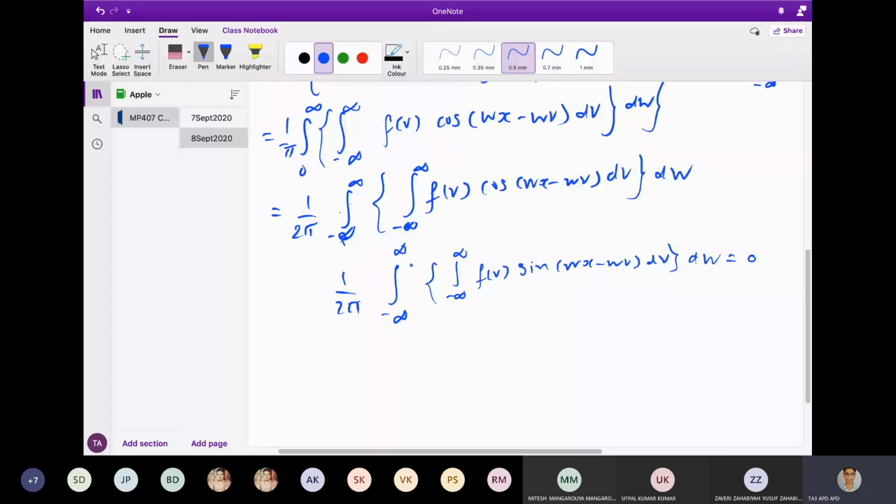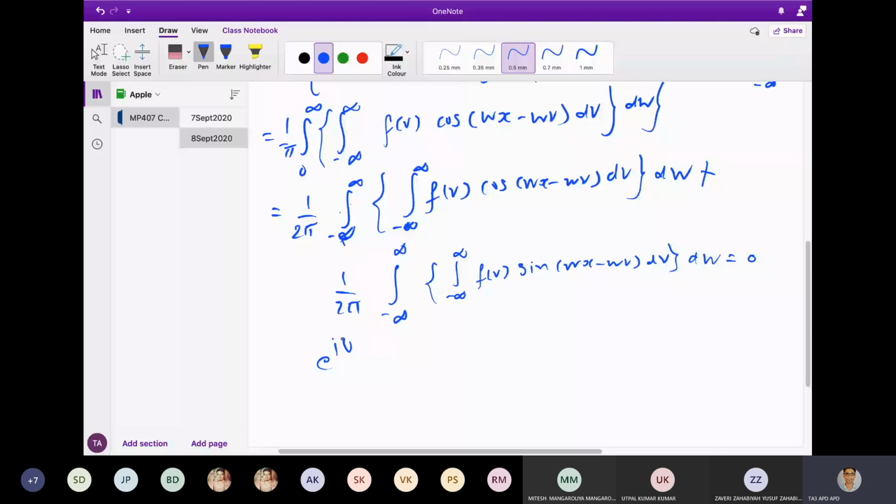Okay? So I can add this whole function over here, because this is equal to 0. Okay? And then I can simply utilize Euler's formula. Euler's formula: e raised to i theta equals cos theta plus i sin theta.